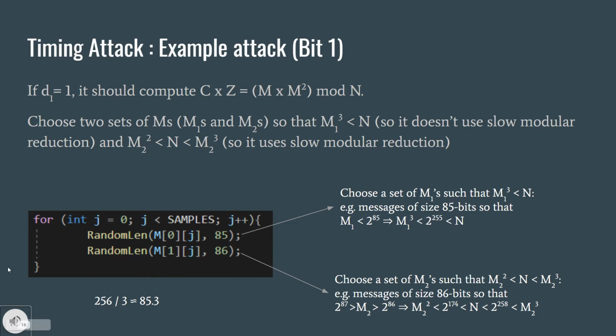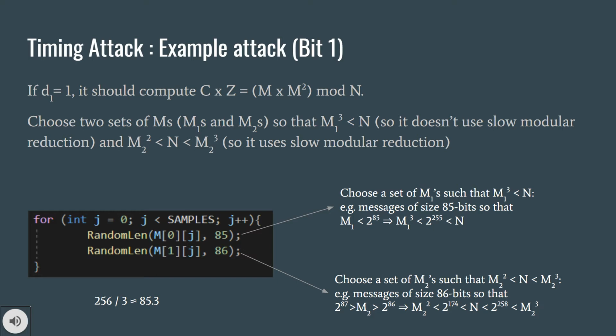Example attack on bit 1. If D1 is 1, it should compute C times Z, which is M times M squared modulo N. We choose two sets of M's, M1s and M2s, so that the cube of M1 is less than N, so it doesn't use slow modular reduction, and for M2, the square of M2 is less than N, but the cube of M2 is greater than N. So it uses slow modular reduction.